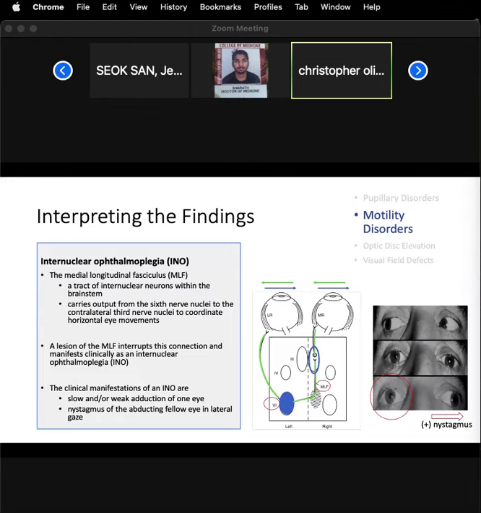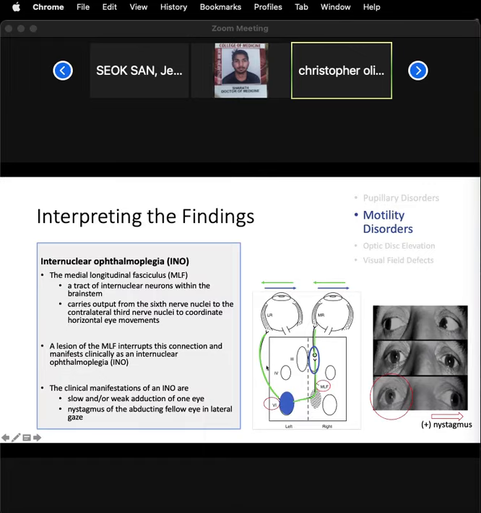So from the sixth nerve nuclei, it synapses to the contralateral third nerve nuclei to innervate the medial rectus. The sixth nerve innervates the lateral rectus.